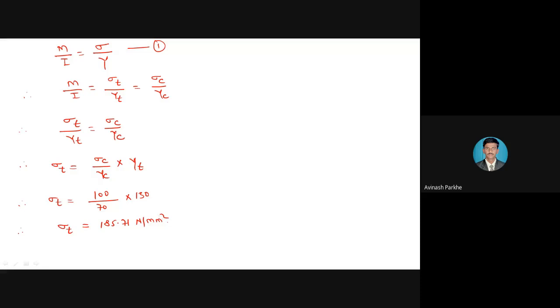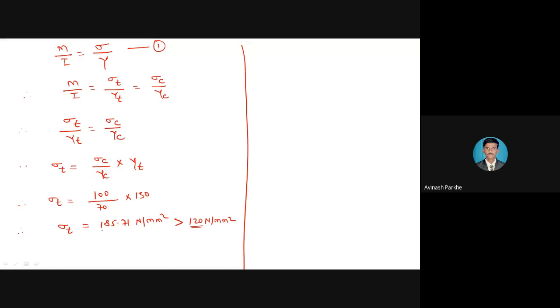Okay, and this value is greater than our 120 Newton per mm square. That means maximum limit of the beam is 120 Newton per mm square.